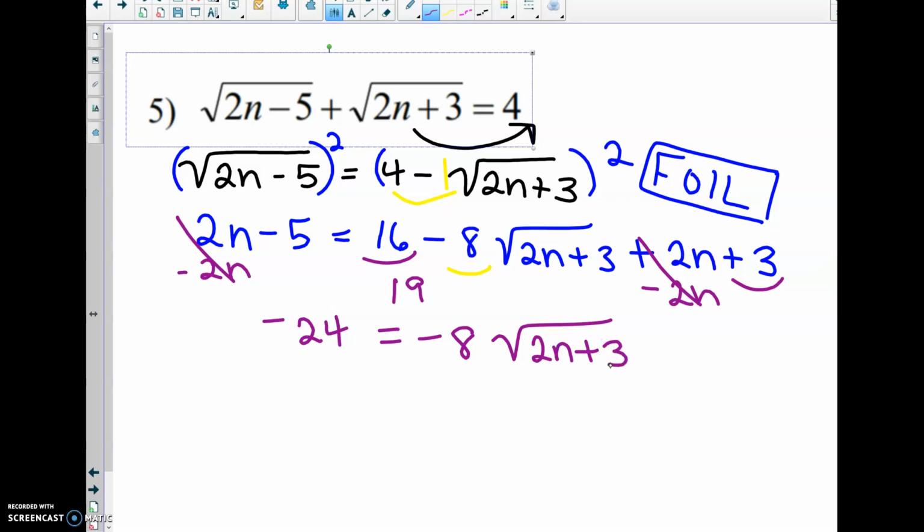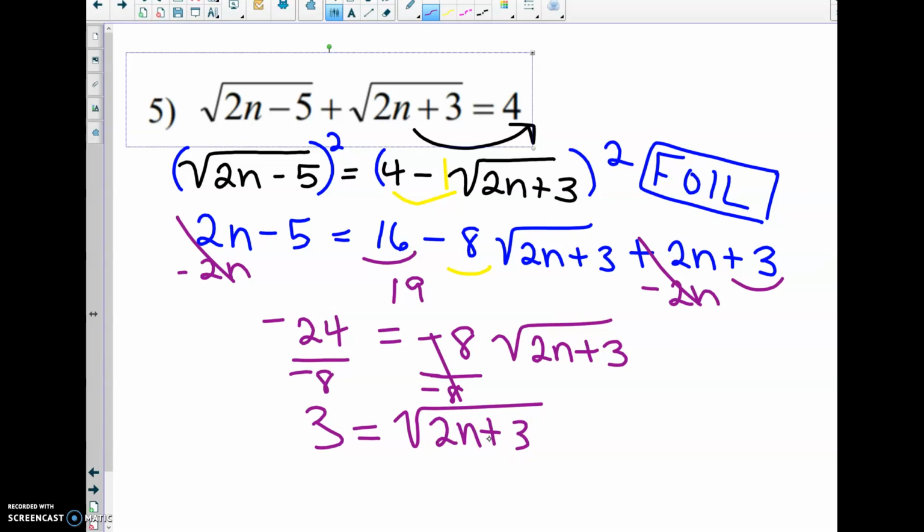Looking at this equation, negative 8 goes into both sides, so we're going to divide both sides by negative 8. So 3 equals the square root of 2n plus 3.